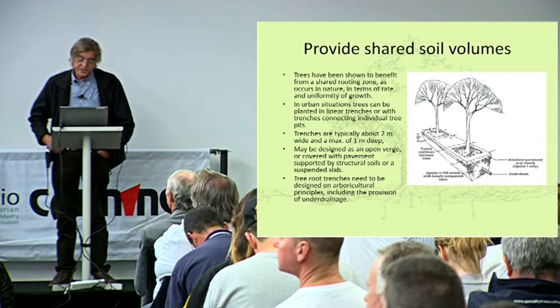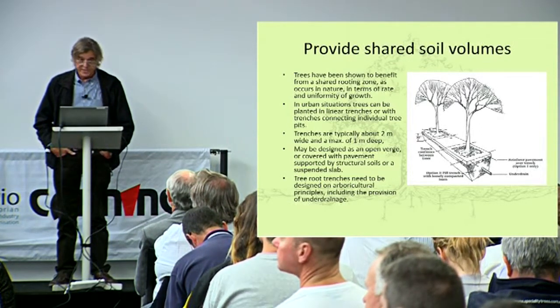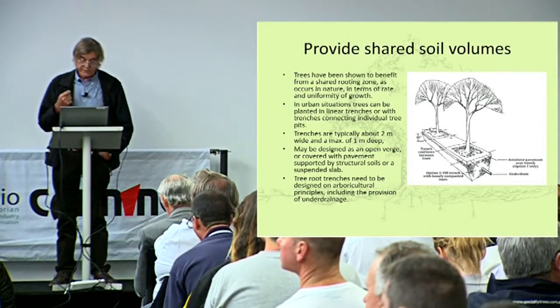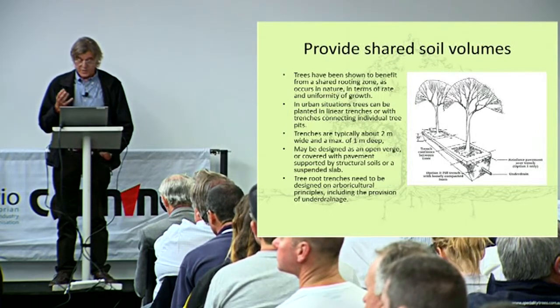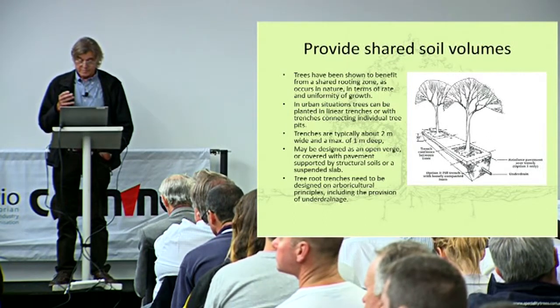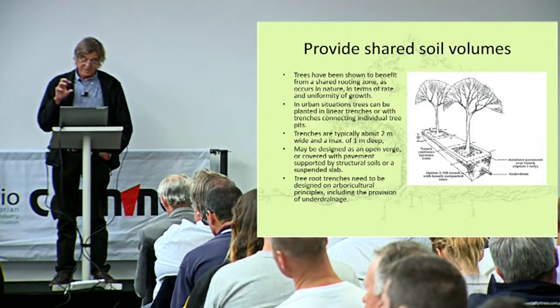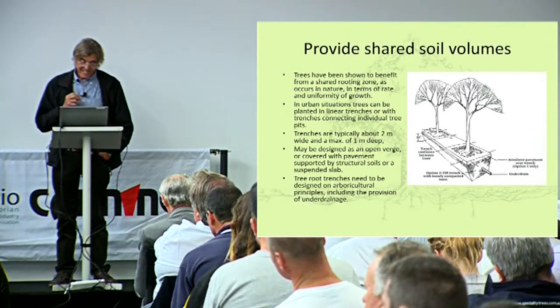Another option is to provide shared soil volumes. Trees have been shown to benefit from shared rooting zones, which is how they grow in nature, in the forest, in terms of the rate of growth and the uniformity. And apparently you don't need as much soil in total, because if you're sharing the volume, you need less per individual tree.